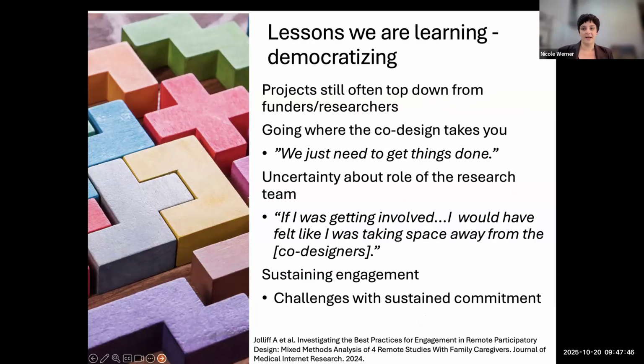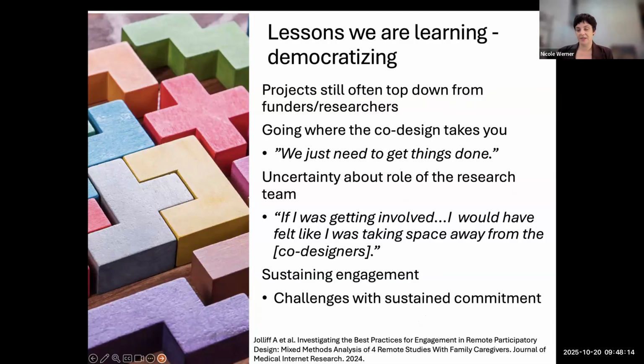And then specific to democratizing, which is also really challenging, most of us on this call are NIH-funded researchers, PCORI-funded researchers, and projects are top down. If you look at the nature of our funding structures, it's really about the science and the scientific premise. And I still believe that's extremely important. I'm not saying it's not, but it makes it really hard to do true co-design in some ways.